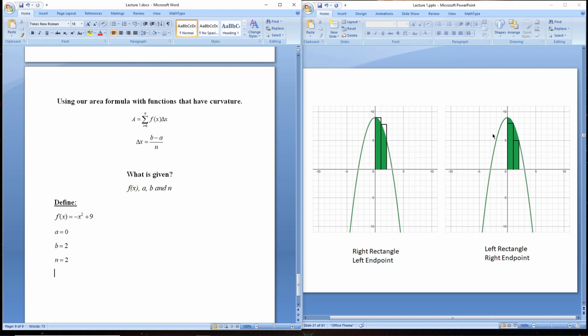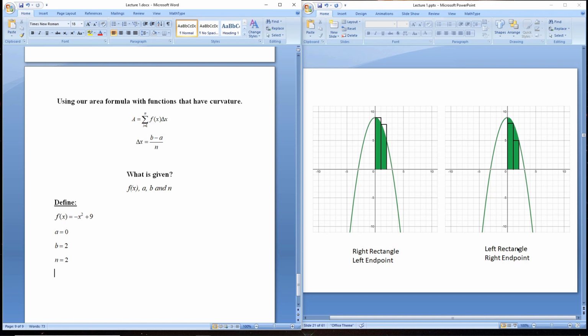Now if we go to this other graph, notice that if I start at 0 and draw a line straight up, I can't go to the left because that goes outside our region of interest. Remember, we're interested in 0 to 2. So I can't draw a rectangle to the left.